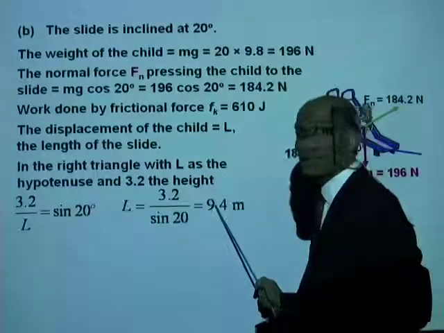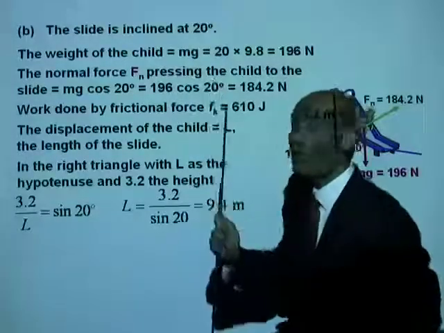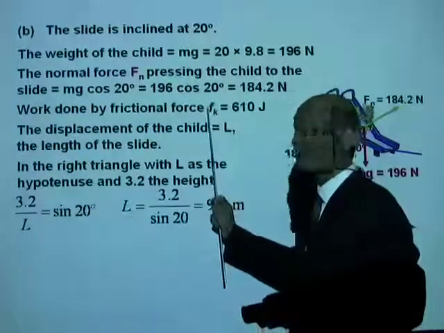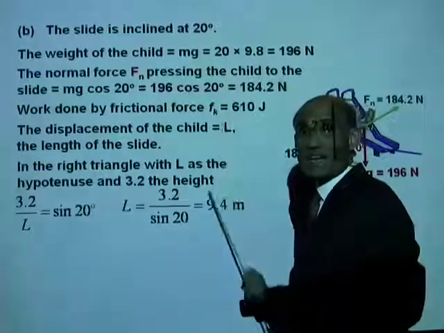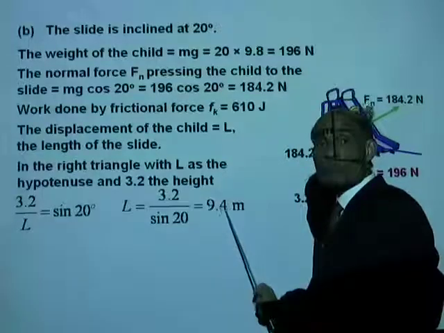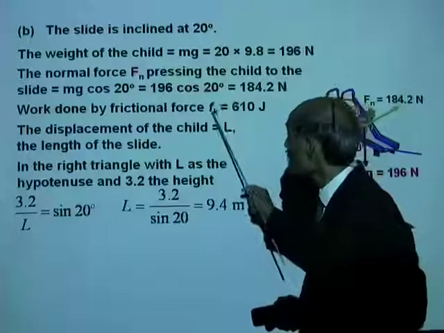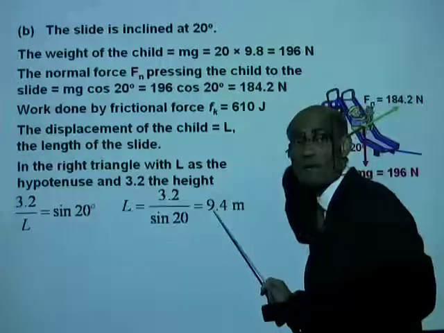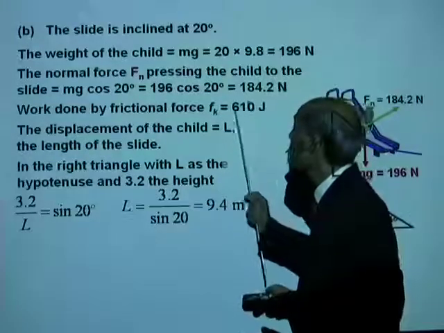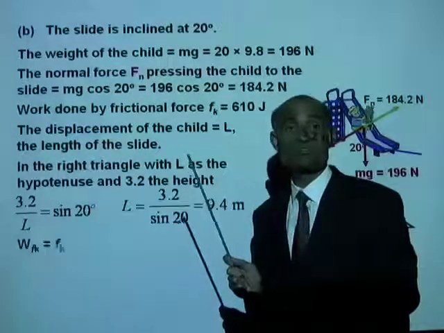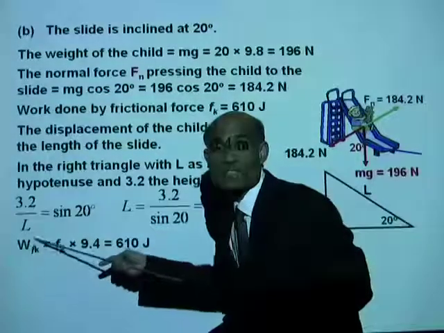Well, if F is the frictional force, we are looking for that frictional force F. This force produces this displacement. Therefore, the work done by the frictional force is the frictional force multiplied by that displacement, and that quantity must be equal to 610 joules. So W_Fk, what does that stand for?